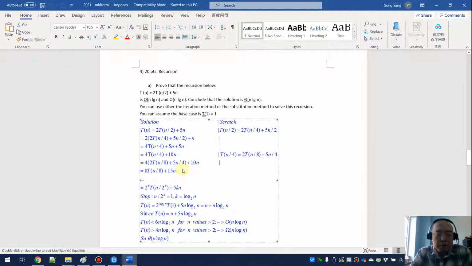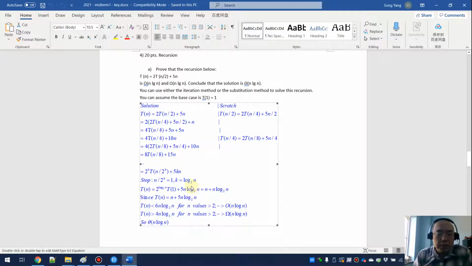After doing that for two or three steps, I see the pattern: 2^k times T(n/2^k), and outside I have plus 5kn. The next question is, when do I stop?